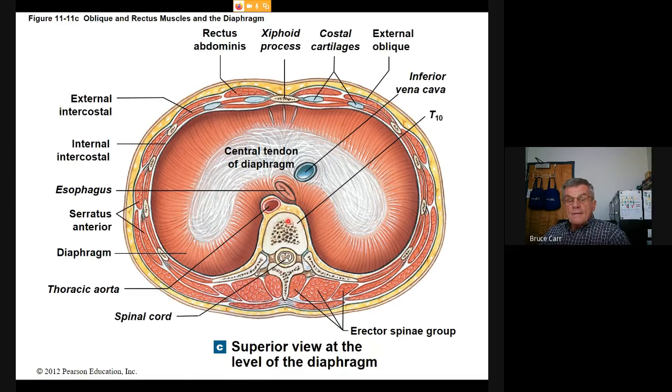And so here we have the thoracic aorta, the descending aorta with its attachment. It's basically attached firmly around the spinal column at this position. Here is the esophagus, which is a tube that only opens up when you swallow. Most of the time it goes through a fixed perforation in the diaphragm. As we breathe, the diaphragm has to slide up and down on the esophagus.